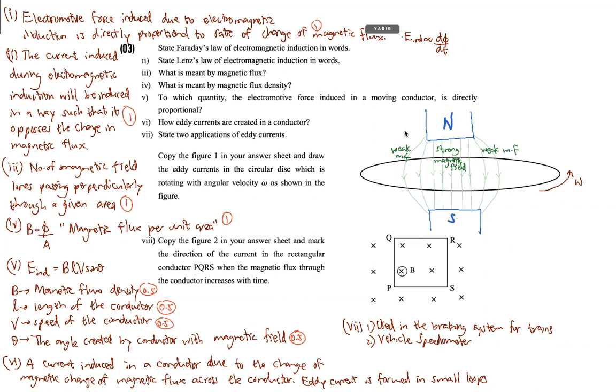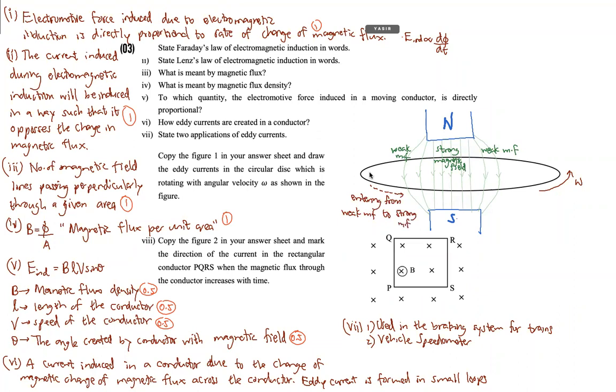So here you are entering. Now when you come from here, from where to where are you entering? Entering from weak magnetic field to strong magnetic field. Understood?